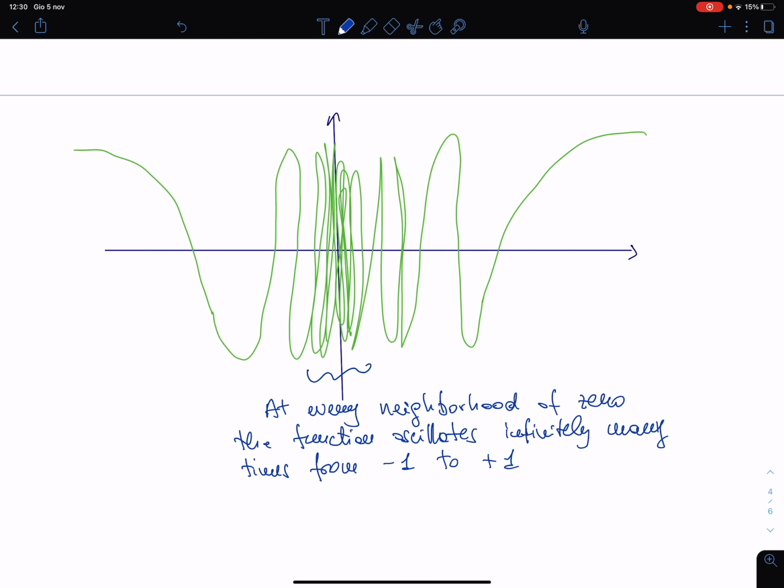Okay, infinitely many times. This is a very neurotic but quite spectacular behavior.